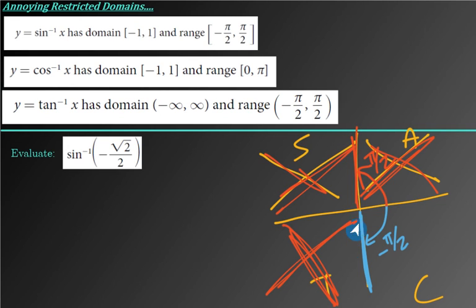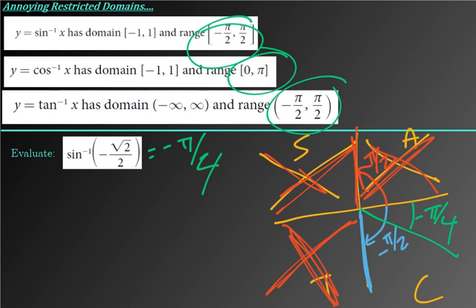We can't go past this value, so I have to be in that quadrant. Then the question is, when do I get the √2/2 thing? That would be a 45 situation. So I basically have to be at -π/4, because inverse sine functions output angles. That's why you see angle, angle, angle.